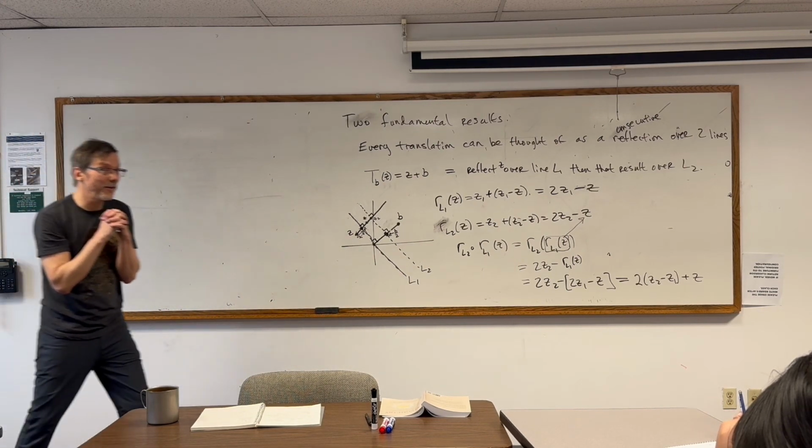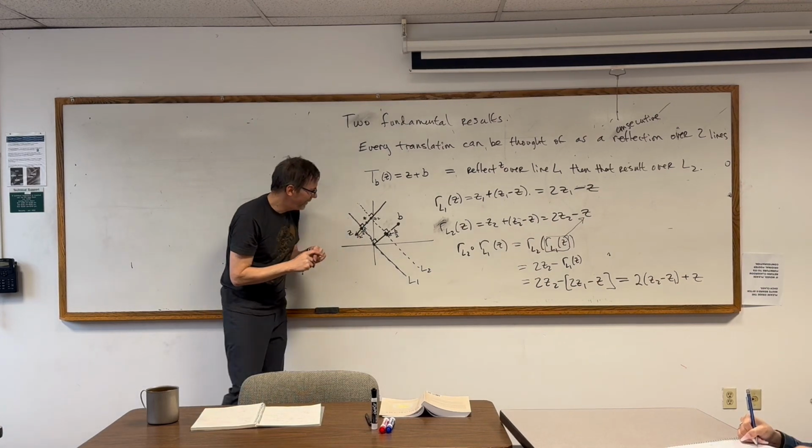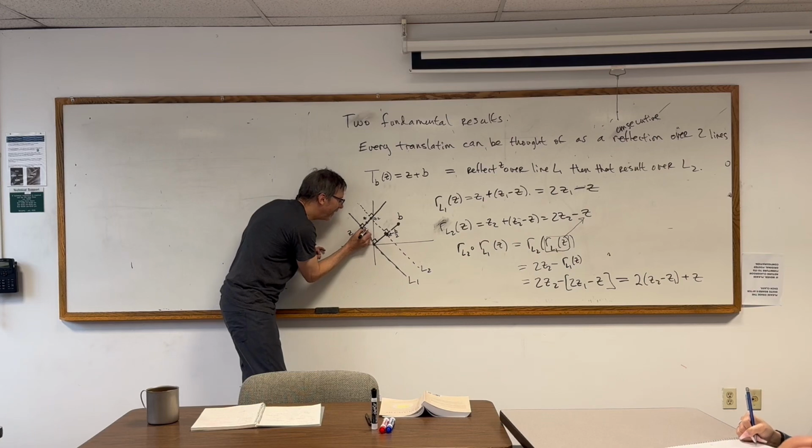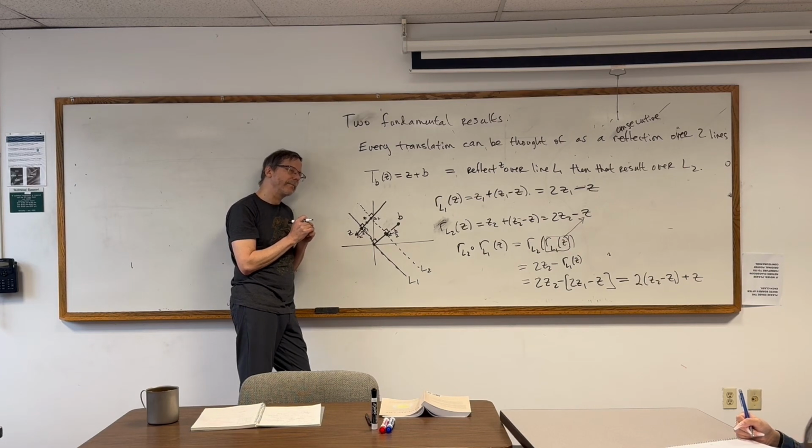Because the distances of the little lines on B are comparable to Z, and then it's B over 2, so it gets rid of the 2.